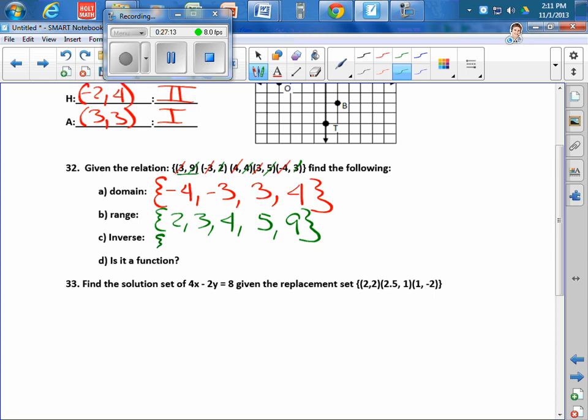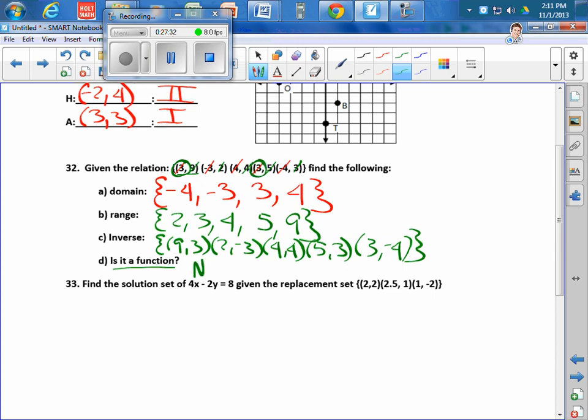So I'm going to have 9, 3, 2, negative 3, 4, 4, 5, 3, and 3, negative 4. Is this a function? No, because the 3 is listed twice.